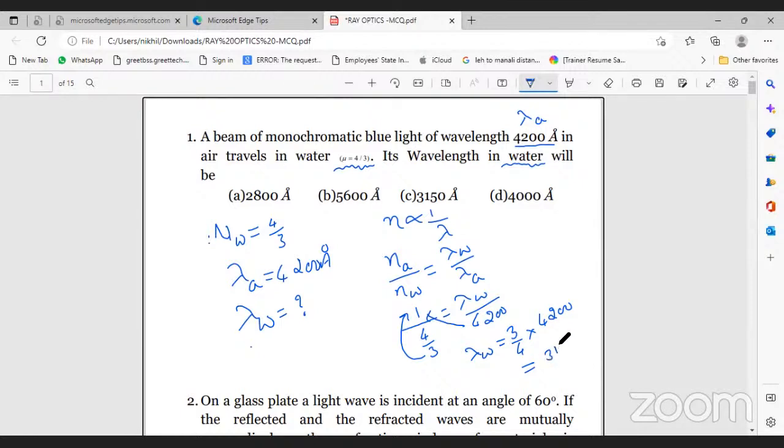Check. Yes, sir, 3150 angstrom. So which is the right option? Option C.